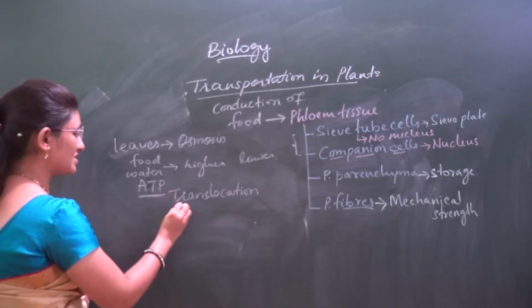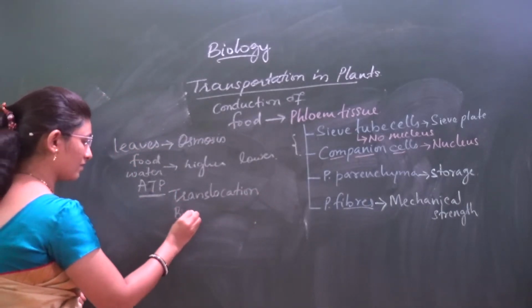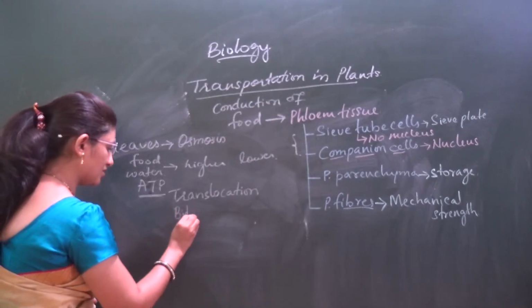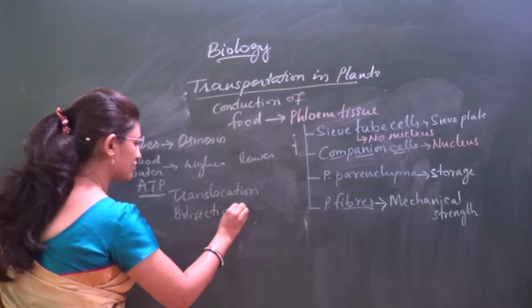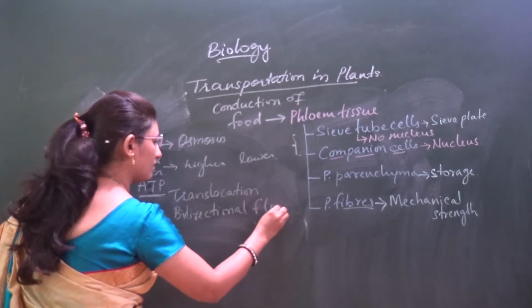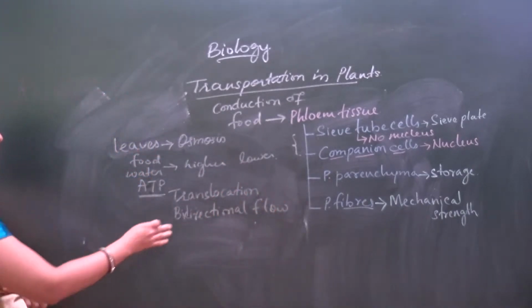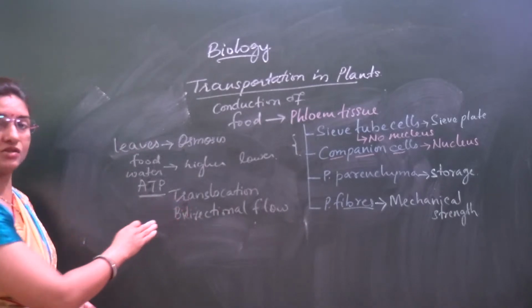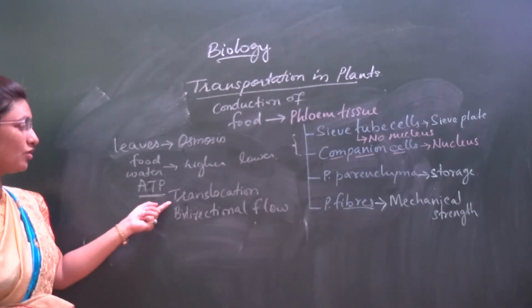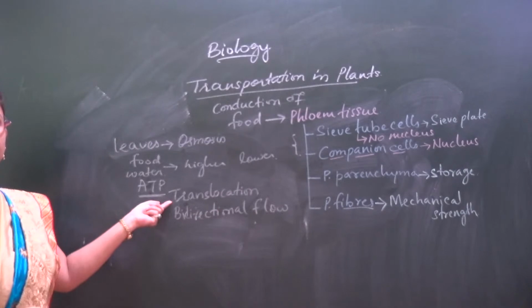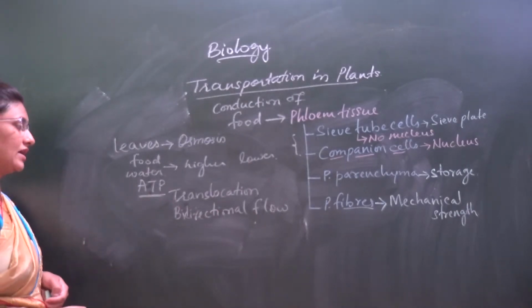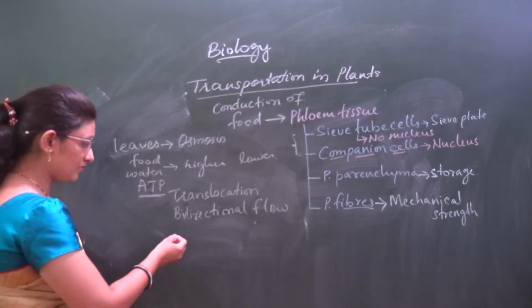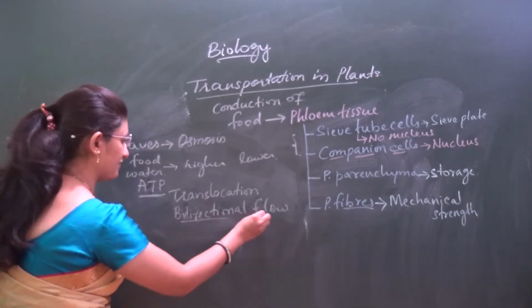This process is a bidirectional flow. Okay, so what is translocation? Translocation is the movement of the soluble food material from the leaves to the different parts of the plant body, which is a bidirectional flow.